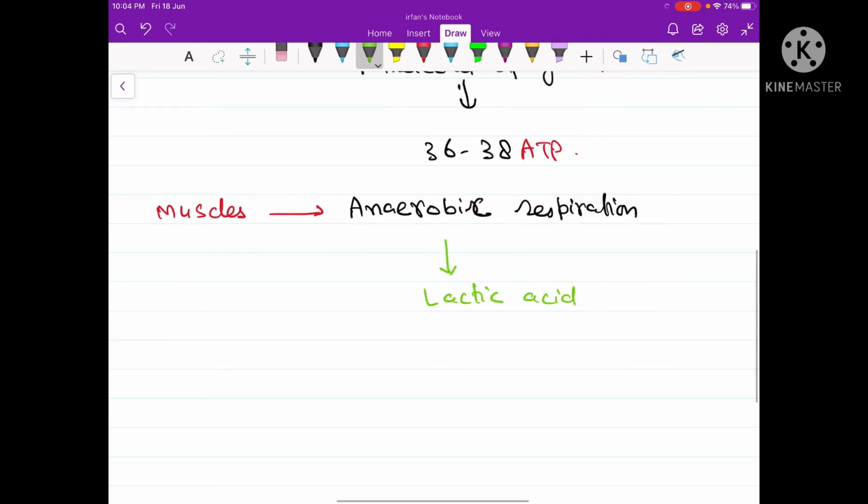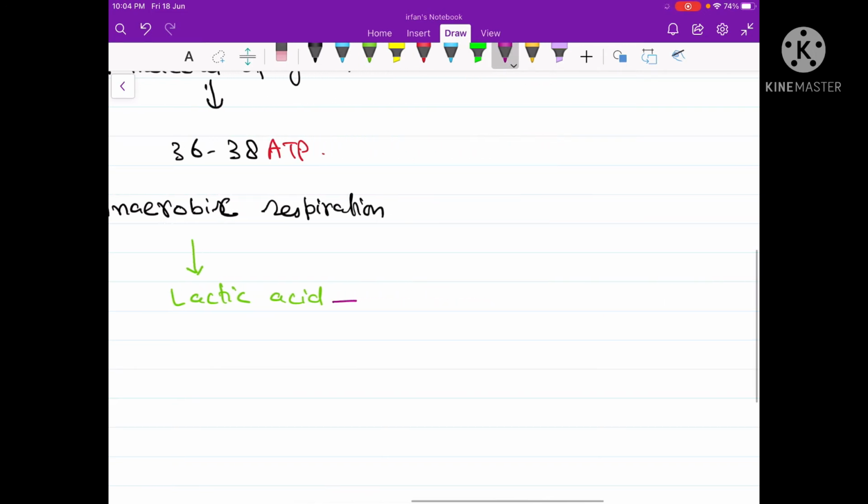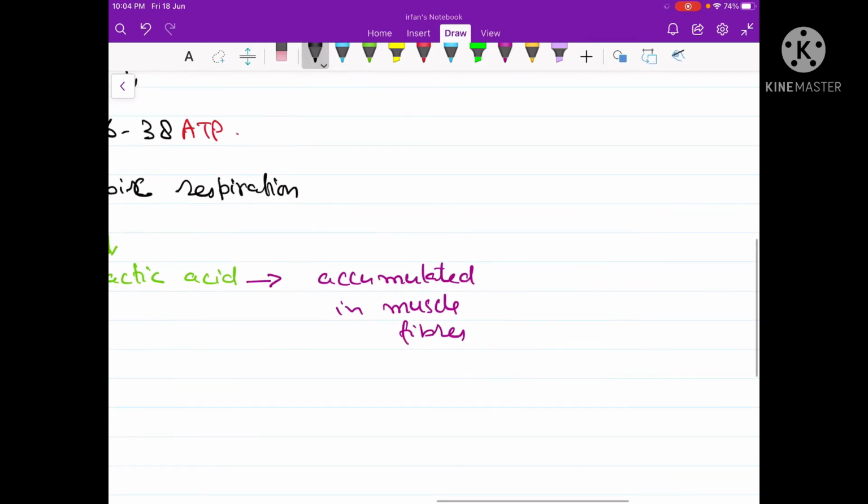Now, some of the lactic acid remains accumulated in the muscle fibers, but most of the lactic acid is then removed. The lactic acid that remains in the muscles results in muscle fatigue. So, accumulated lactic acid in muscle fibers causes the muscle fatigue.